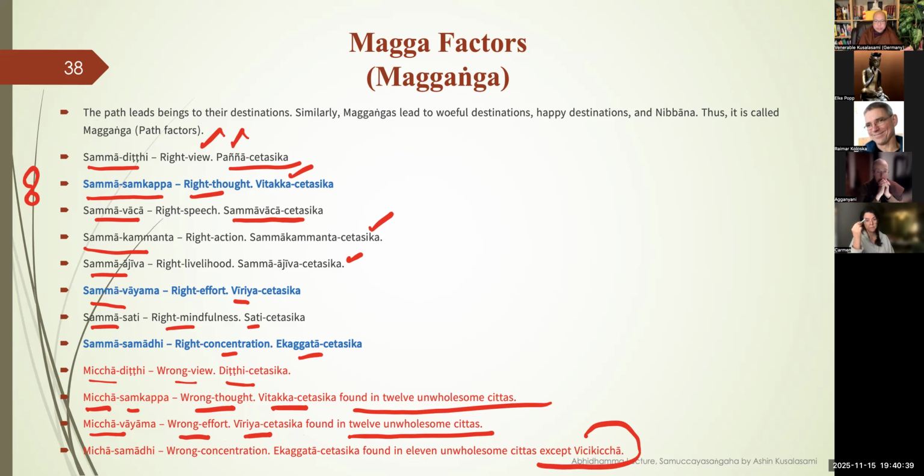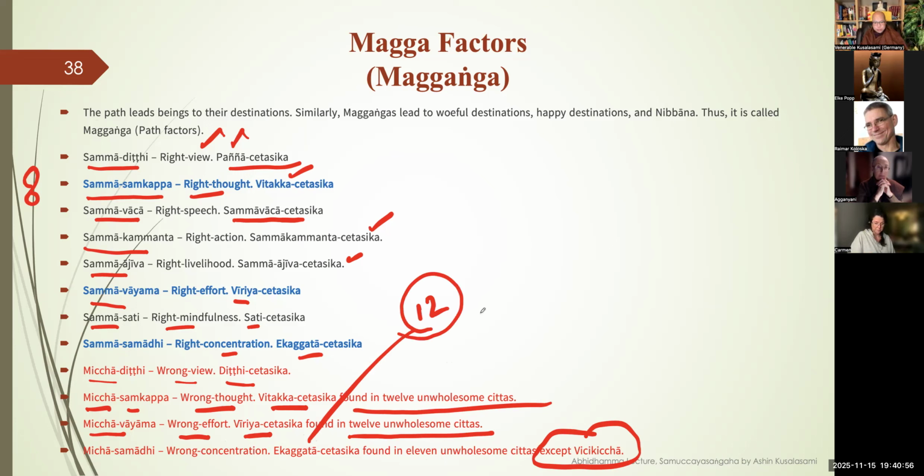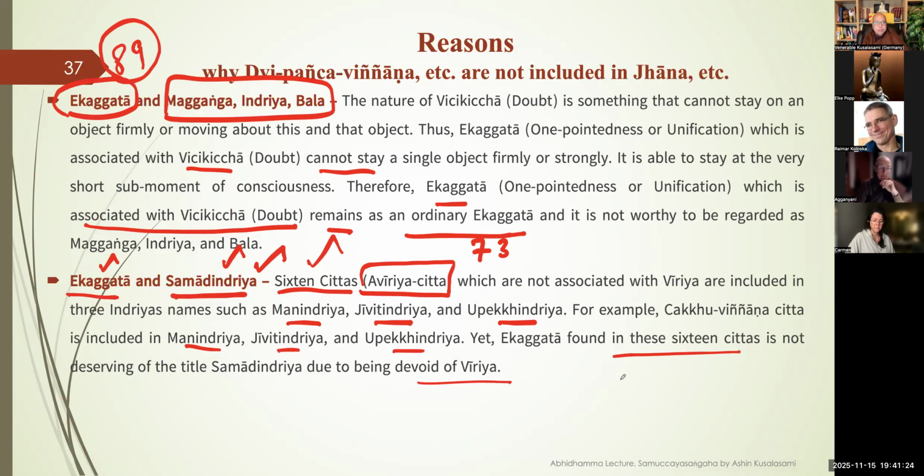Here is an exception, Vicikiccha, so we can go back there. There is an explanation. Actually, Ekagata is associated with all 12 unwholesome consciousness, but we need to exclude Vicikiccha. Why? Because Vicikiccha is not able to stay on a single object firmly and strongly. So the Ekagata associated with Vicikiccha is not included in the Magganga. So that's what we write here. This one.